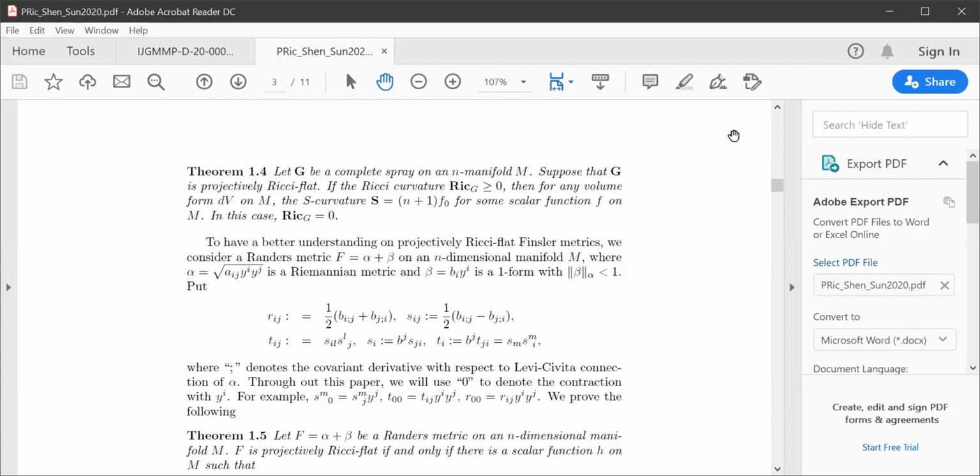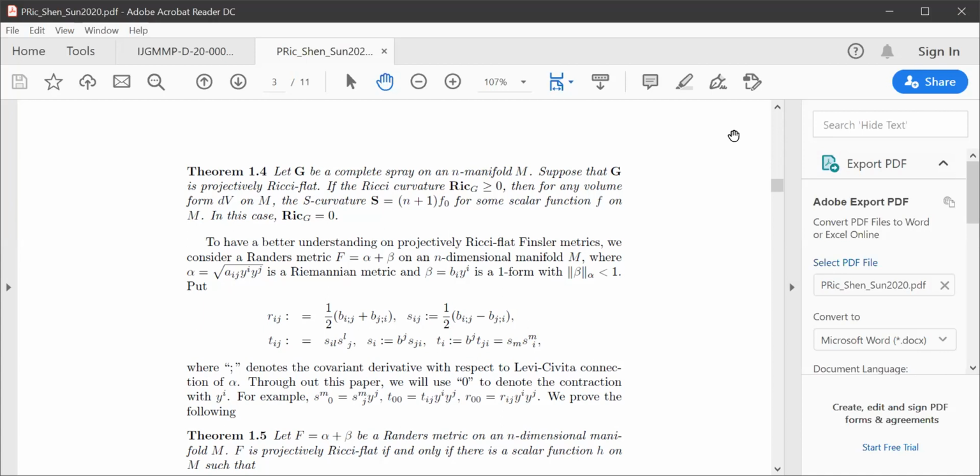Okay, so you can give an example quickly. Now it is a very natural idea to ask whether this is true in the inverse direction, right? It turns out that if it is projective Ricci-flat, if the Ricci curvature of the spray is non-negative, then using a standard technique you can show that the S curvature must be exact one form.